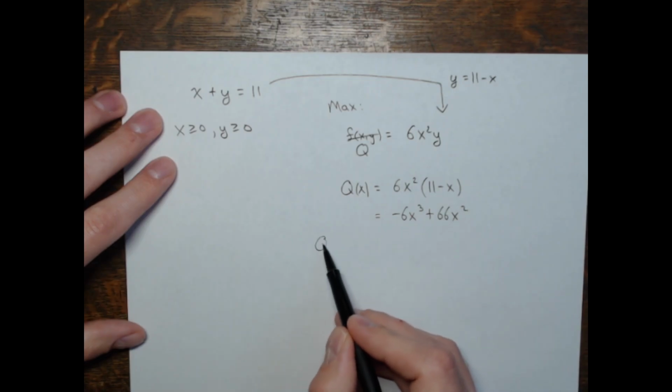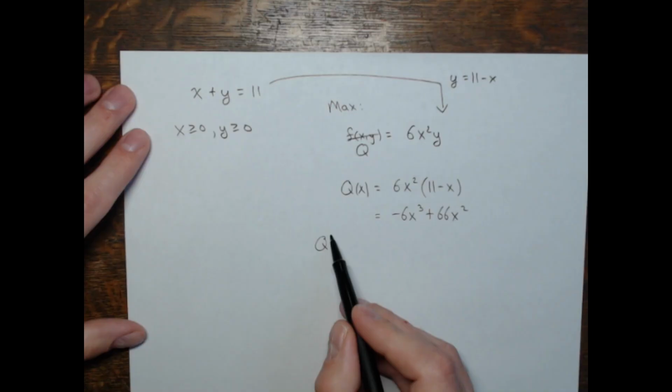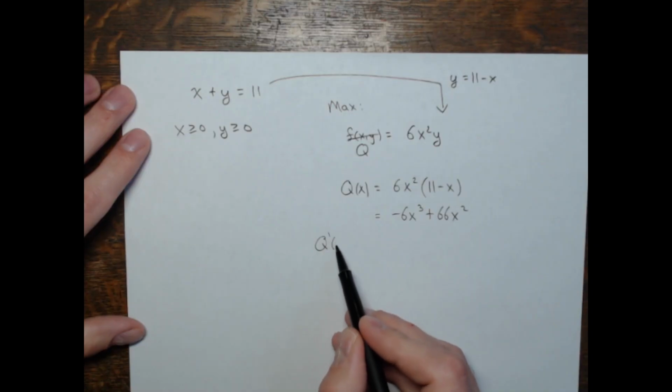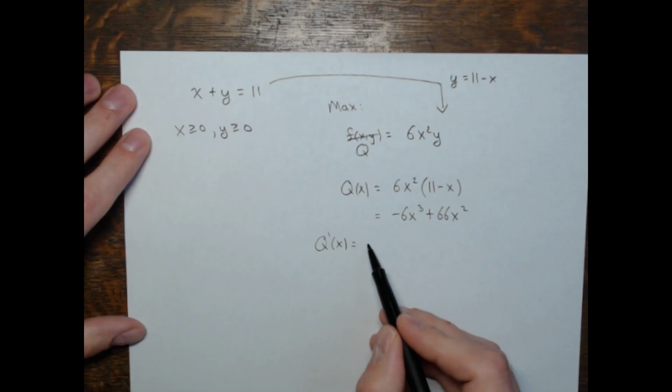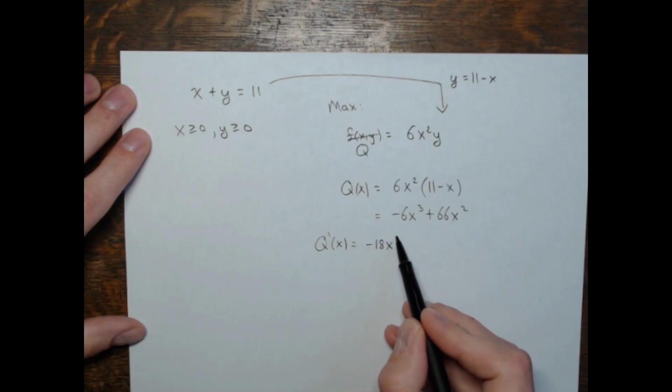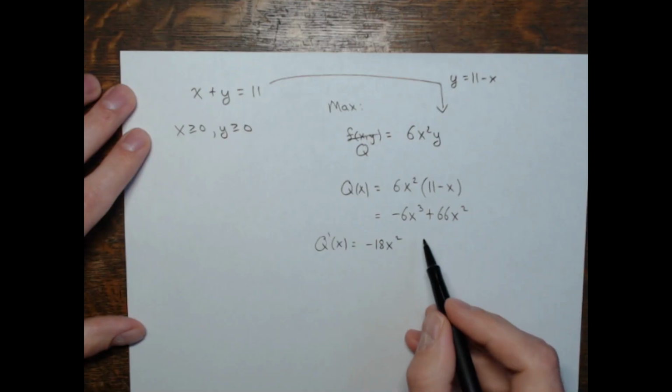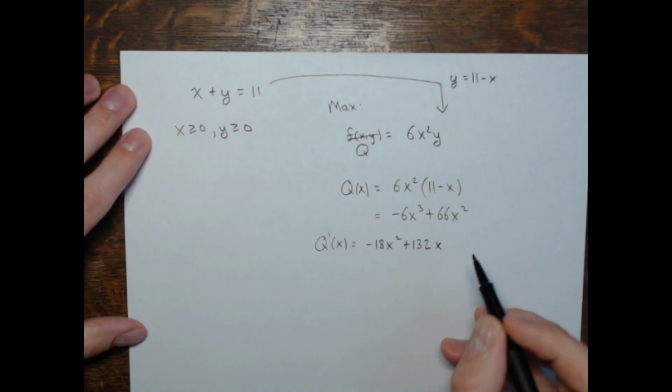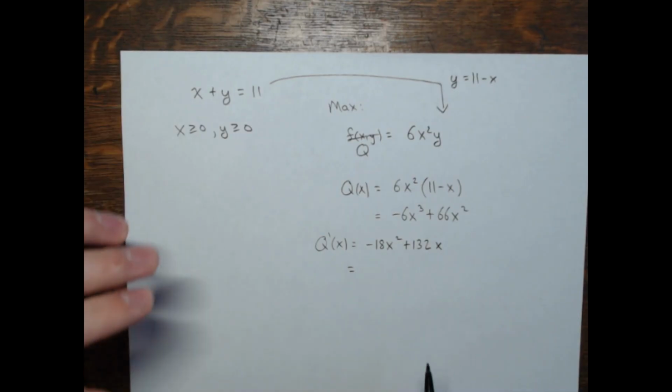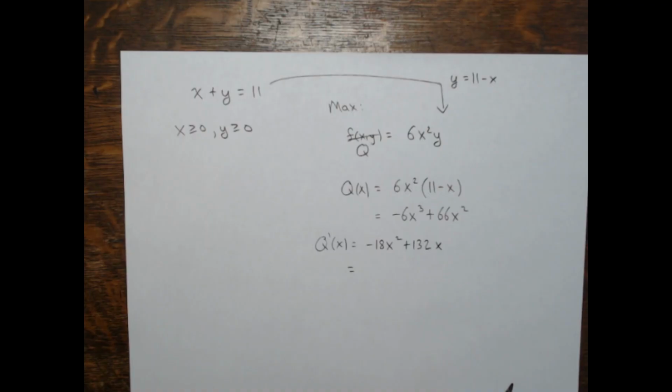And then I could take the derivative. That would be negative 18x squared plus 132x. Both of these have x in common, as well as 2.